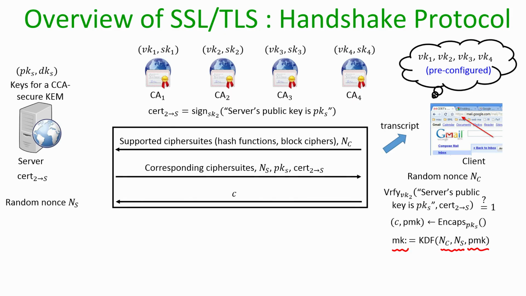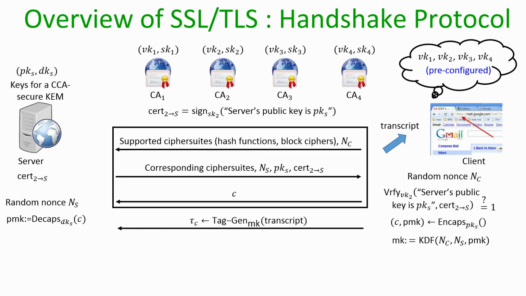Moreover, whatever communication has happened between the client and the server till now, including this encapsulation C, let it be called the transcript. This whole transcript the client authenticates by using a message authentication code, using the master key as the key, and a corresponding tag is sent to the server. So, that is a message now from the client side.